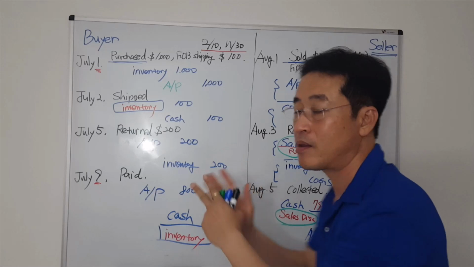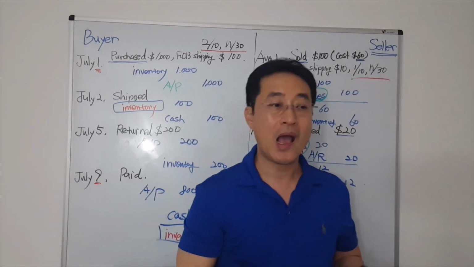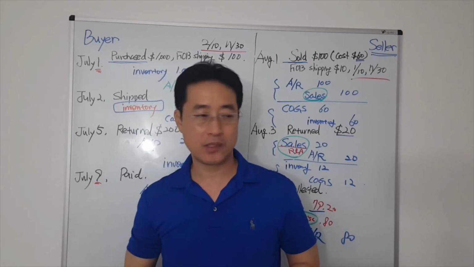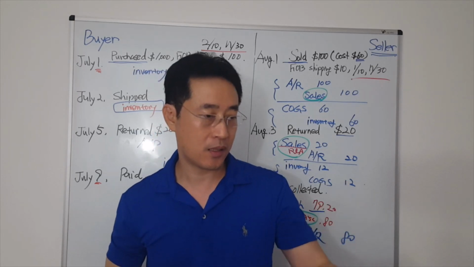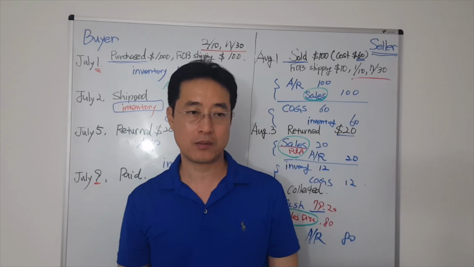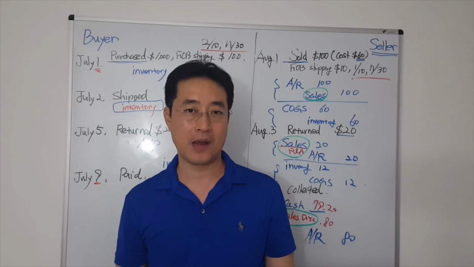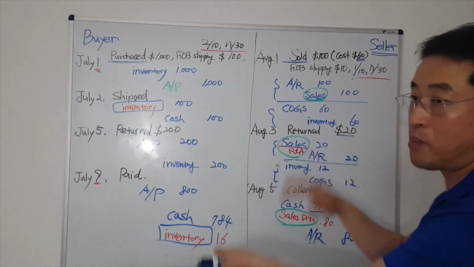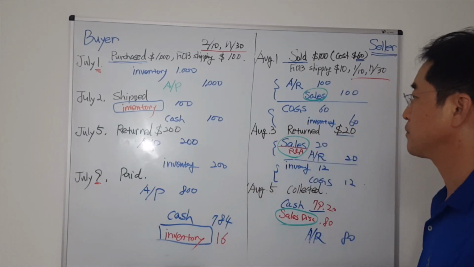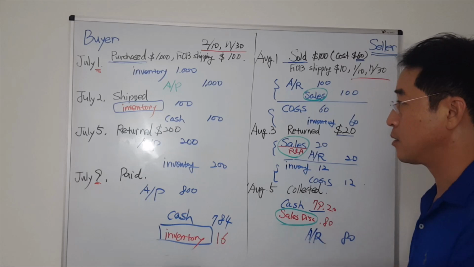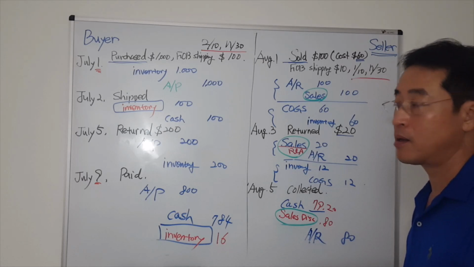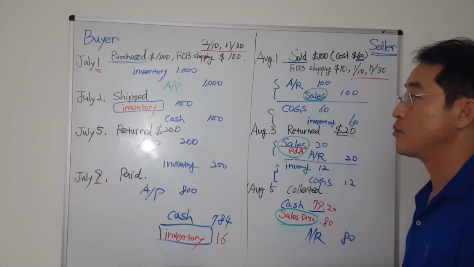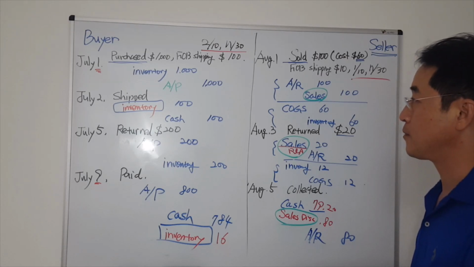Buy and sell, buy and sell. How many transactions happen at one branch of Walmart? Maybe 5,000, 10,000 per day. They have to purchase and sell. That's why I said it's going to drive you crazy. We need a lot of practice for that.